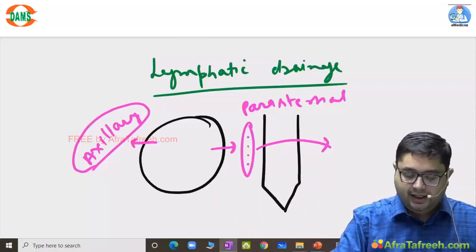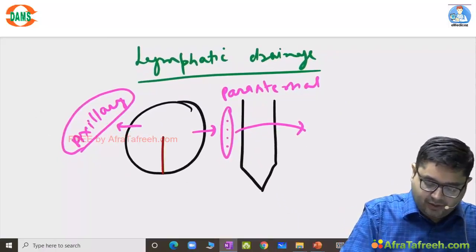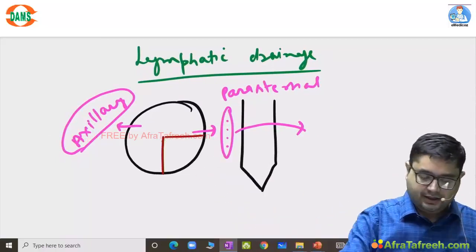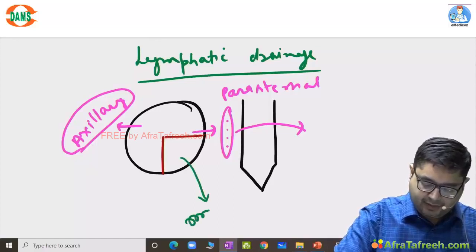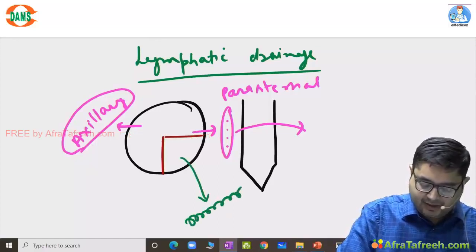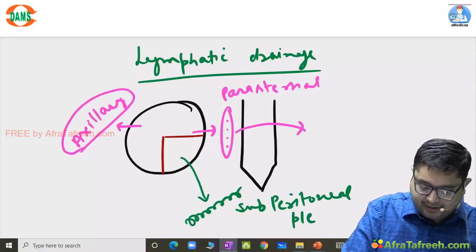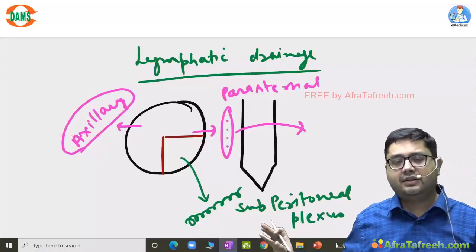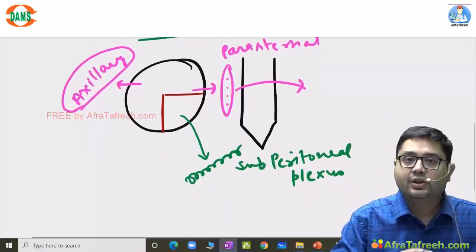Okay, and also we have to understand that this quadrant, particularly the lower and inner quadrant, this part particularly is draining to make one plexus. What is the name of the plexus? That is the subperitoneal plexus. And if the malignant cells reach this plexus, from this plexus the malignant cells can involve other organs.